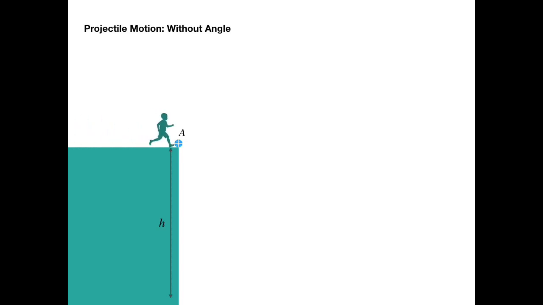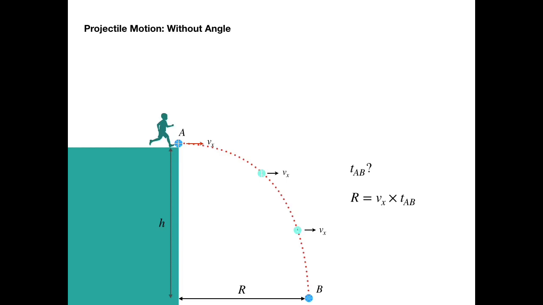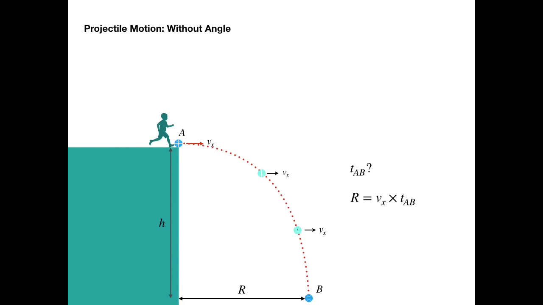A boy kicked the ball with initial velocity Vx, and the ball will then take a parabolic path to point B. The question is, what is this distance r? Note that the horizontal velocity Vx is constant along the path, and thus r is simply Vx multiplied by the time from A to B. So the next question is, what is TAB?